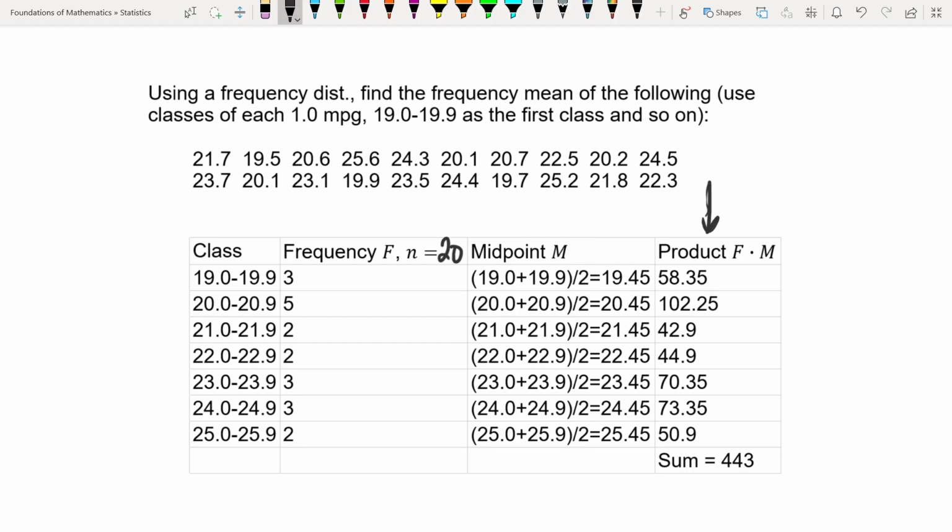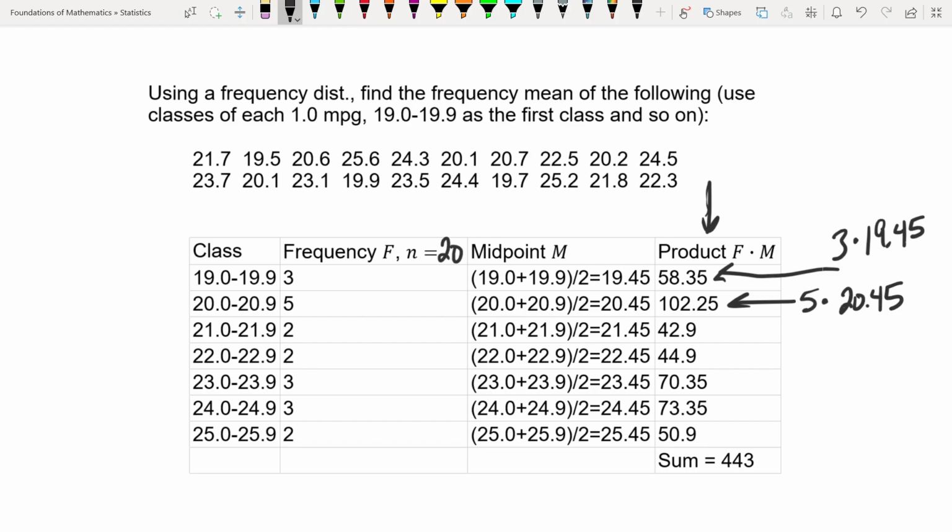Finally, the product is just the frequency times the midpoint. So for this first one here, the frequency is 3. The midpoint is 19.45. And 3 times 19.45 is 58.35. For the next one, we have a frequency of 5 times the midpoint of 20.45.